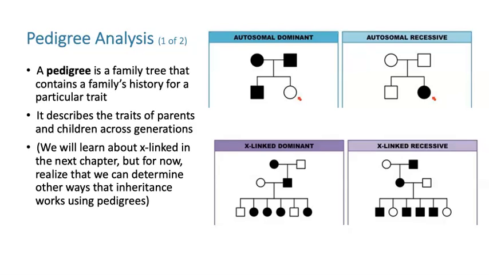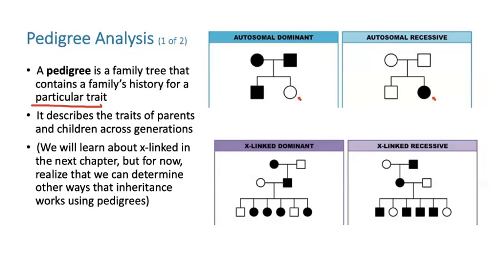They're a family tree, and a family tree that focuses particularly on a very specific trait. So a pedigree analysis will only look at specific traits. It does describe that trait of the parent and the children across at least 2 generations, if not more.